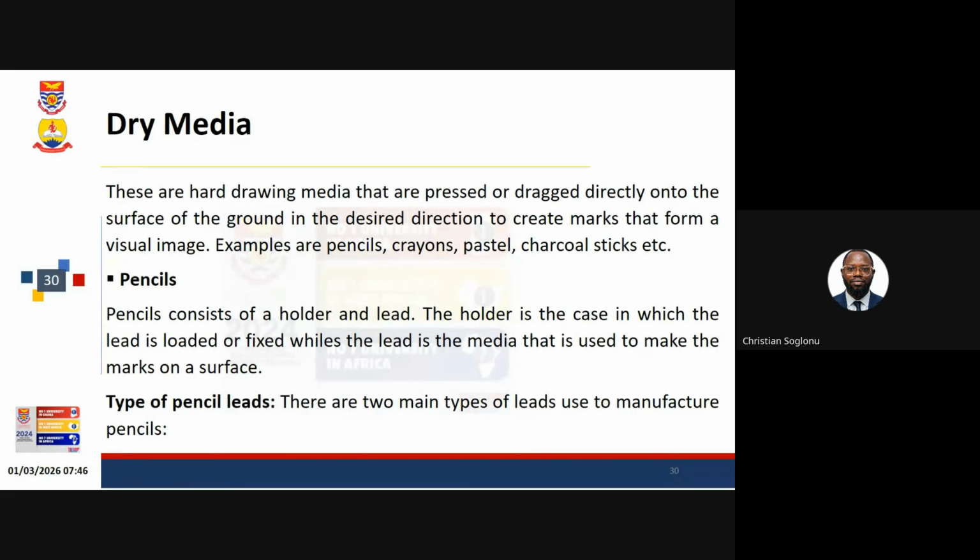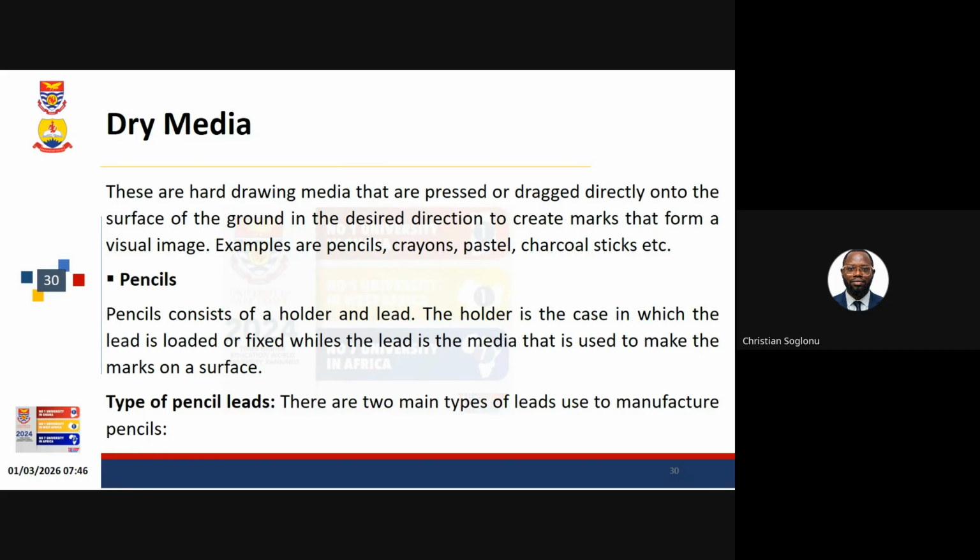So I think we'll pick them one by one and talk about them. Talking about pencil: a pencil consists of a holder and a lead. In the natural sense, it consists of a wooden holder, and the lead inside is the graphite. That is what we call lead.